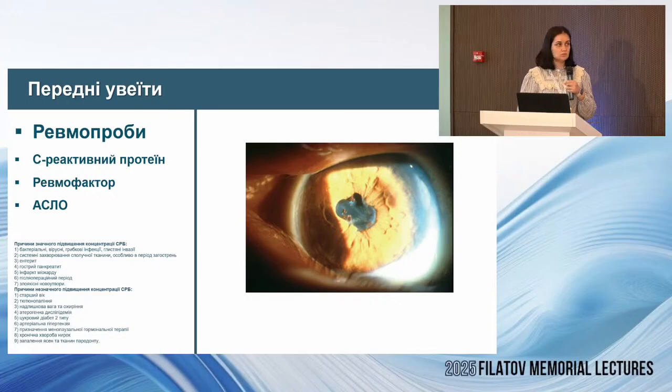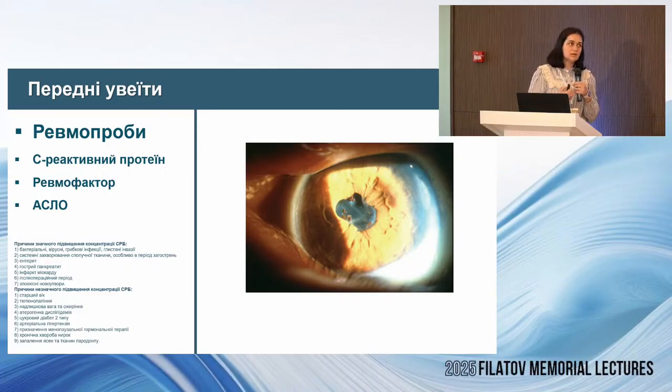Another interesting analysis: practically all patients with uveitis come to us with rheumatic samples, when C-reactive protein can be increased when a person has increased weight or is smoking.